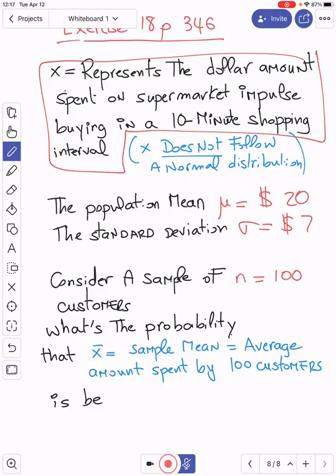It would say, for example, X represents the dollar amount spent at the supermarket, and X is normally distributed, or X follows a normal distribution. Oh, okay, got it. Thank you.